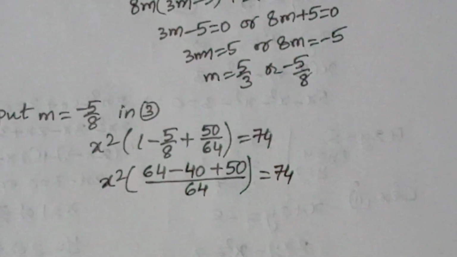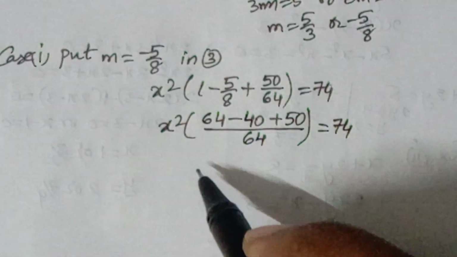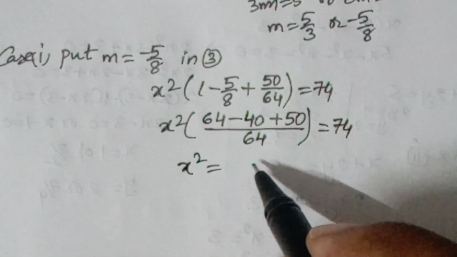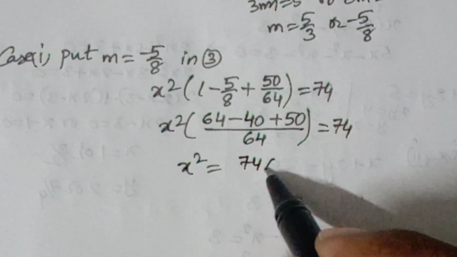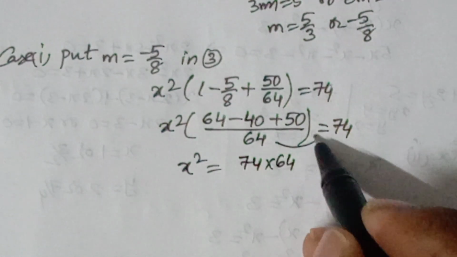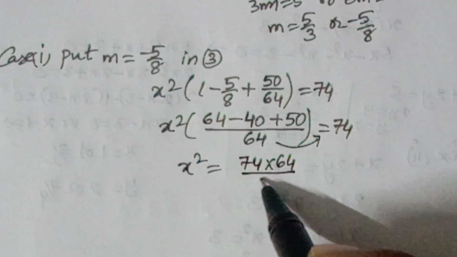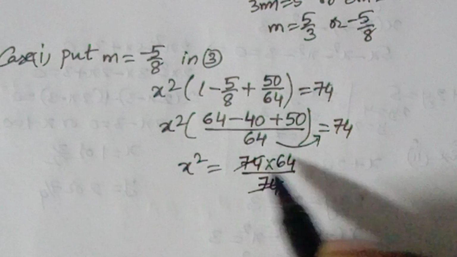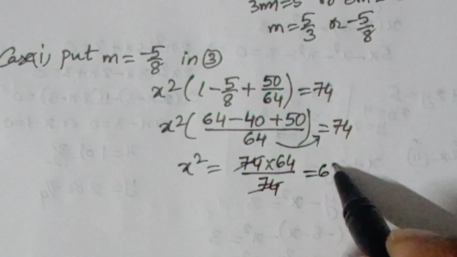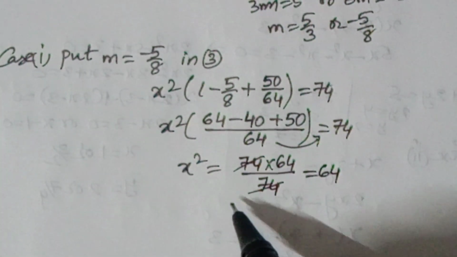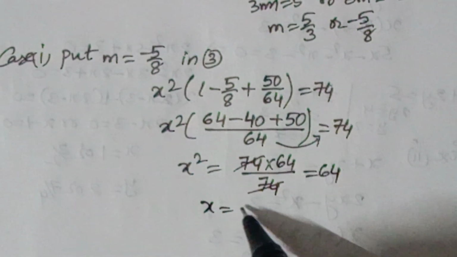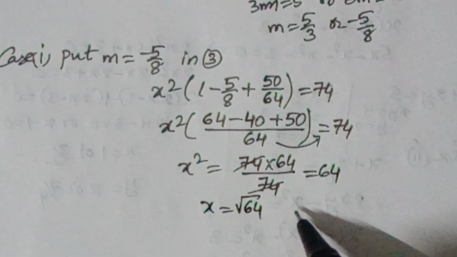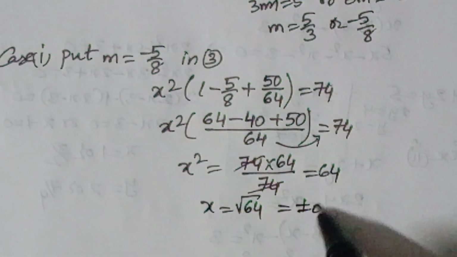So if you solve this, what will we get here? x square is equal to 74 into 64 by 74. Cancel. You will get 64. That implies x is equal to square root of 64, that is nothing but plus or minus 8.